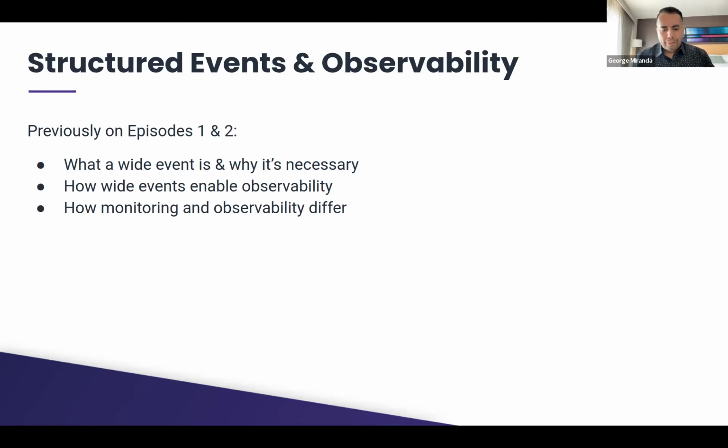Yeah, so the idea with structured events is trying to find the smallest relevant atomic unit for understanding your system. As opposed to monitoring practices that generally rely on metrics, which are an aggregated view of what was happening in a particular aspect of our system, the idea is to get to an atomic unit that makes it so that when you are investigating problems, you don't run into dead ends.